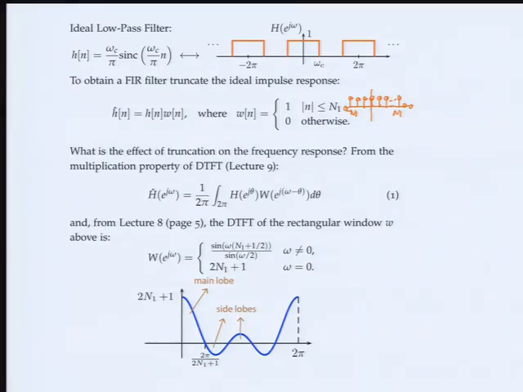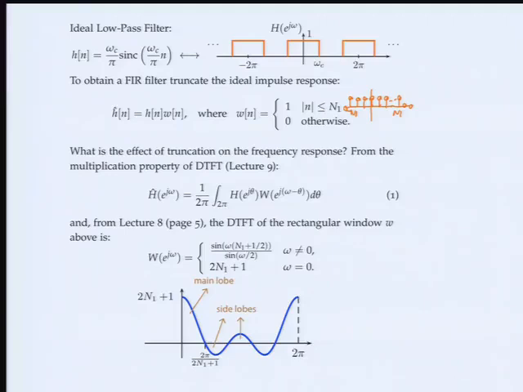The diagnosis of these ripples, Gibbs phenomenon, is that the truncation we did is too abrupt. We multiplied with this very sharply changing window function, and that's creating these ripples. The remedy is to use a truncation that smoothly goes to 0, more smoothly than this.